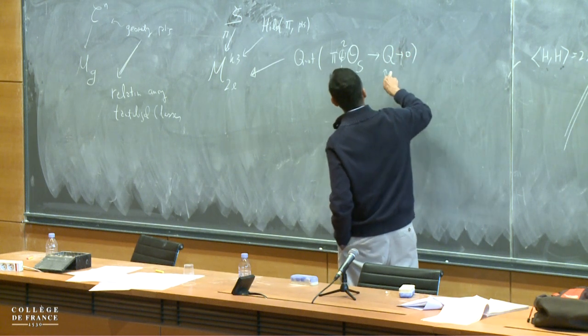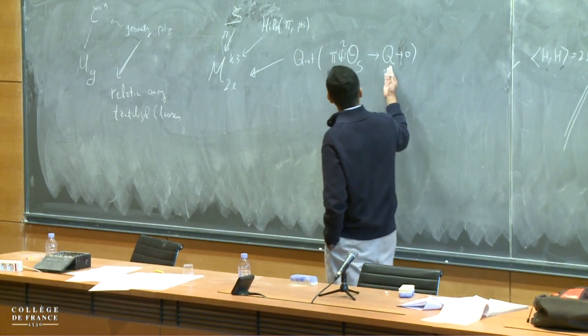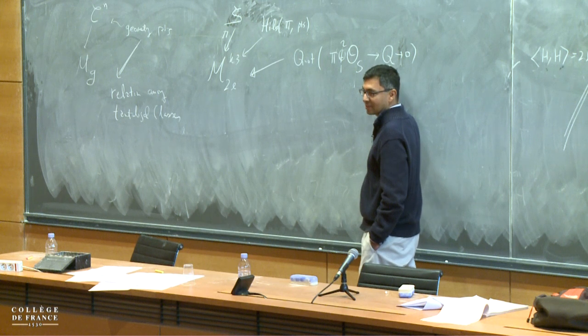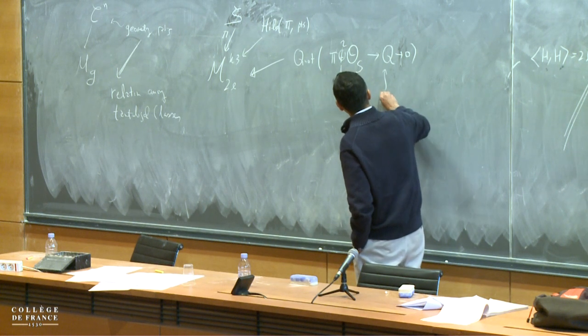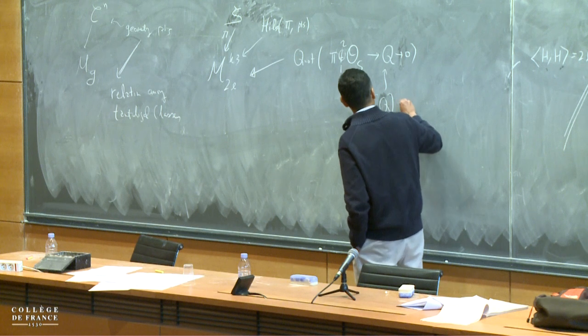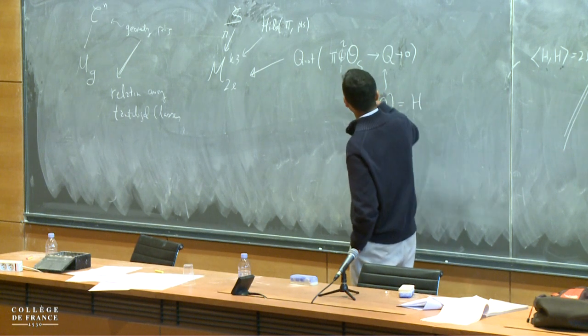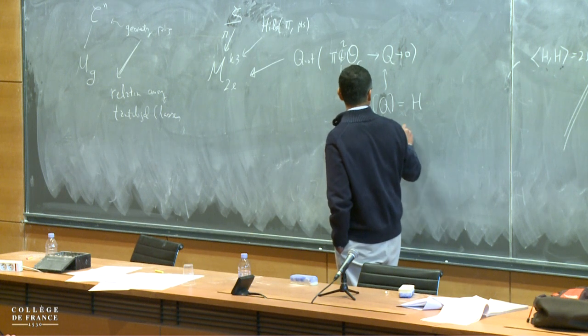And now when you define this relative quot scheme, you have to define some classes for this, the Chern classes of this quotient. And now you have a choice. So you could pick, for example, this Q to have some first Chern class, its support having fundamental class H, our polarization. And then there's also the Euler characteristic of Q, some number.